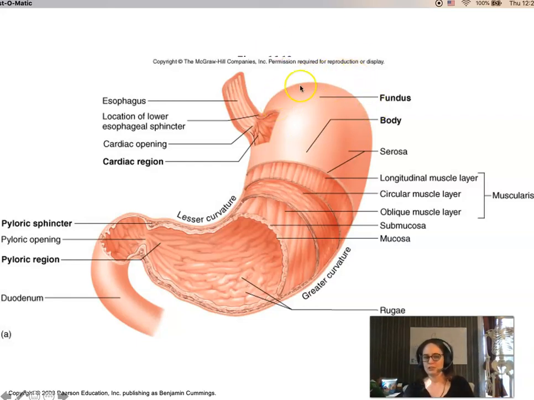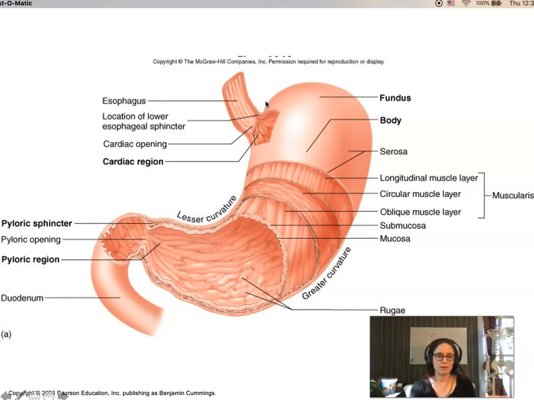There is a general term here known as the fundus. A fundus, for any anatomical structure, is a superior domed region. So this happens to be the fundus of the stomach. You do have to say fundus of the stomach. If you don't, somebody's going to say, which fundus?